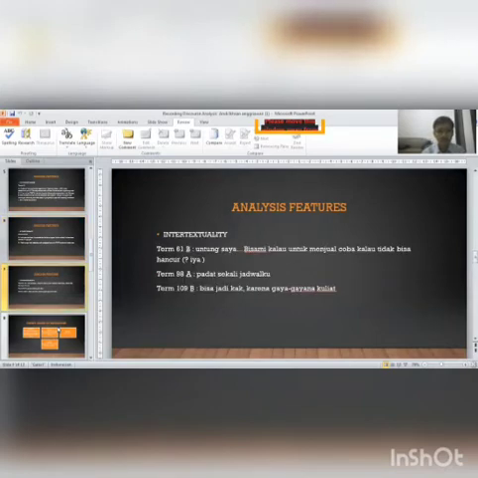The last about analysis features is intertextuality. Why I choose term 61 and term 98, and the last, term 109.